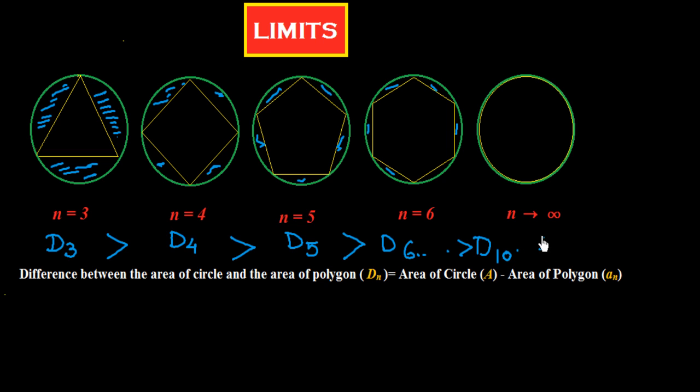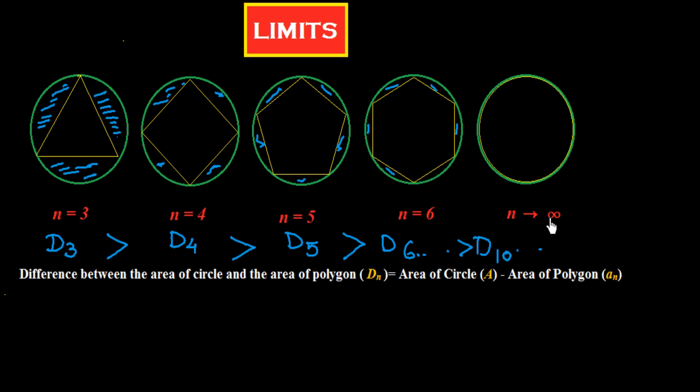And if we go to infinity, if we take the number of sides infinite, what would the difference be? If n tends to infinity, we have to find the limit.